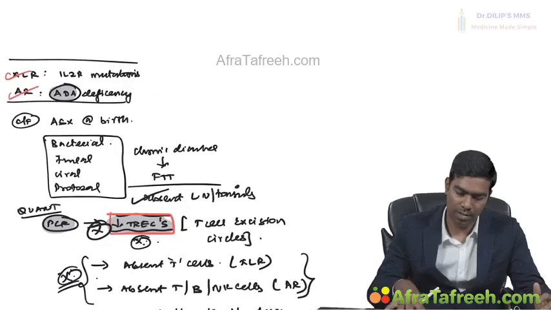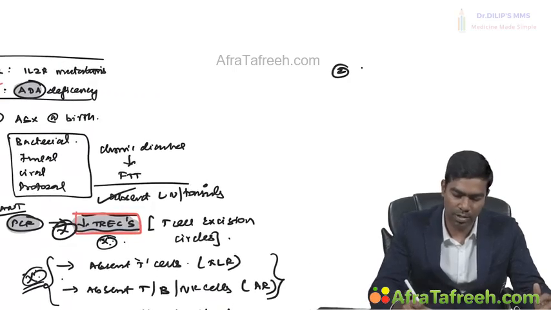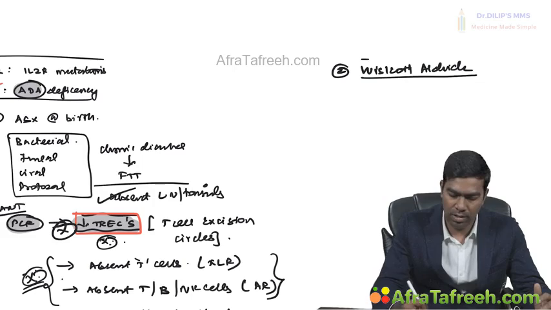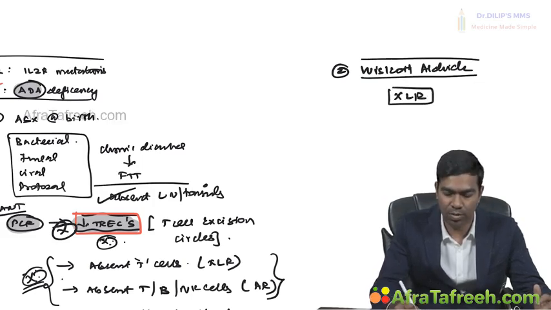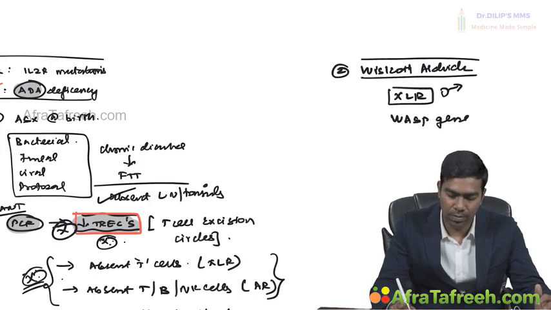Then you have the second one, combined immunodeficiency, that is called Wiskott-Aldrich syndrome. Typically, it is X-linked recessive in inheritance as usual, which means it will be seen usually in males, and you are going to see WASP gene mutations. WASP gene mutations.